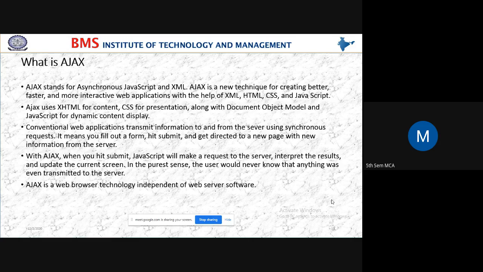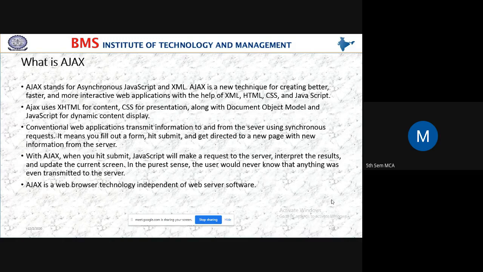So what is HTML? HTML is used to develop a website. It has some basic tags, that is body tag, HTML tag, header tag, title tag, bold, italic. So we have different tags in HTML.